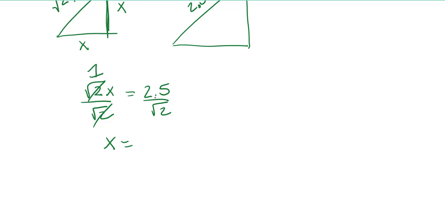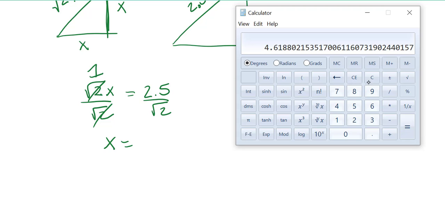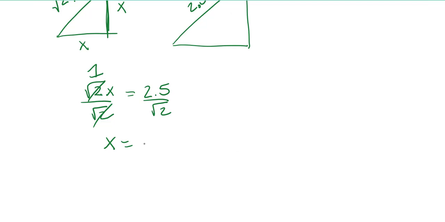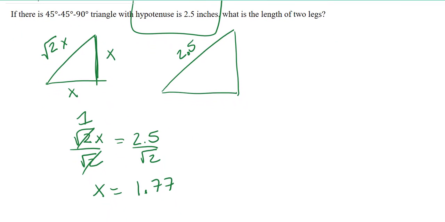Now 2.5 divided by the square root of 2. So 2.5 divided by 2, but we'll take the square root of that, which is equal to 1.77. And this is in inches.